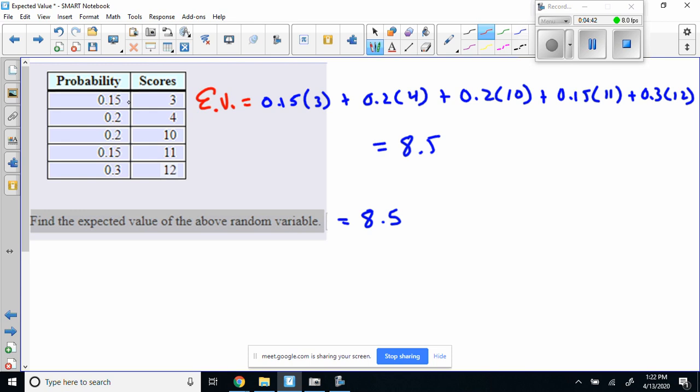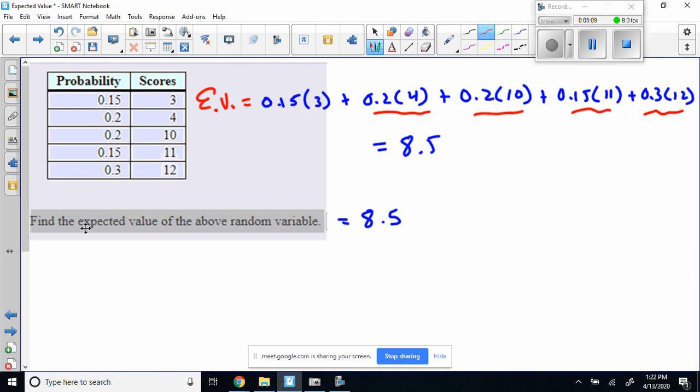Which is pretty cool. So all you have to do is 0.15 times 3 plus 0.2 times 4, 0.2 times 10, right? Plus 0.15 times 11. Got 11 of those, right? Or the probability of getting 11 is 0.15, and the probability of getting a 12 is 0.3. And if you would add all these up, they should equal 1.